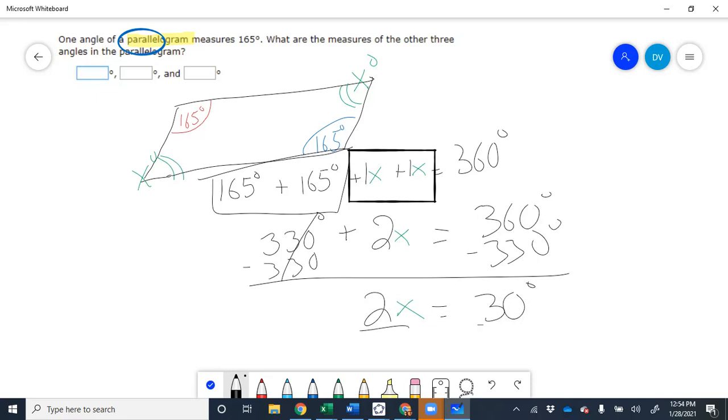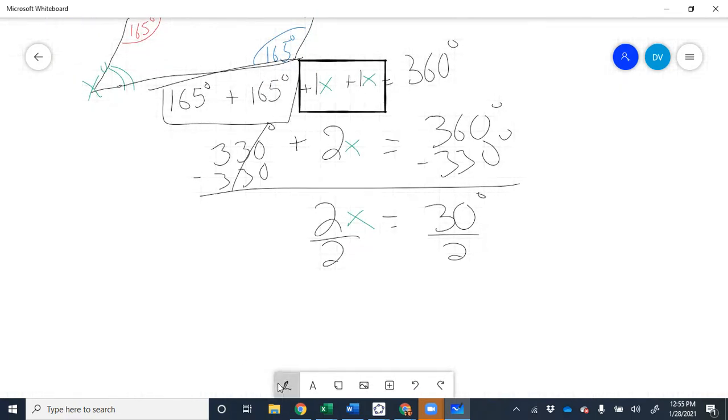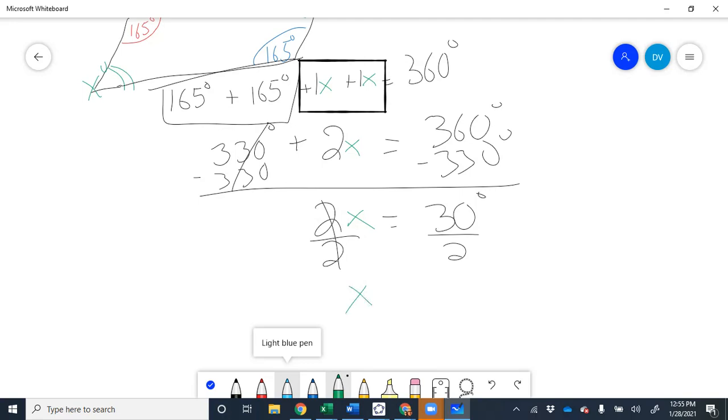And so the only thing we need to do now is divide both of these by 2. And if we do that, we'll have the x by itself like we wanted. 30 degrees divided by 2 is 15 degrees. That'll be our answer. 15 degrees.